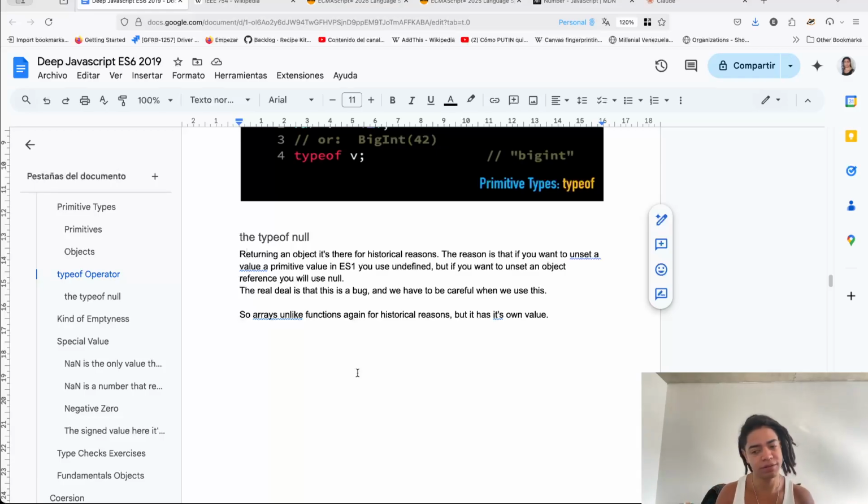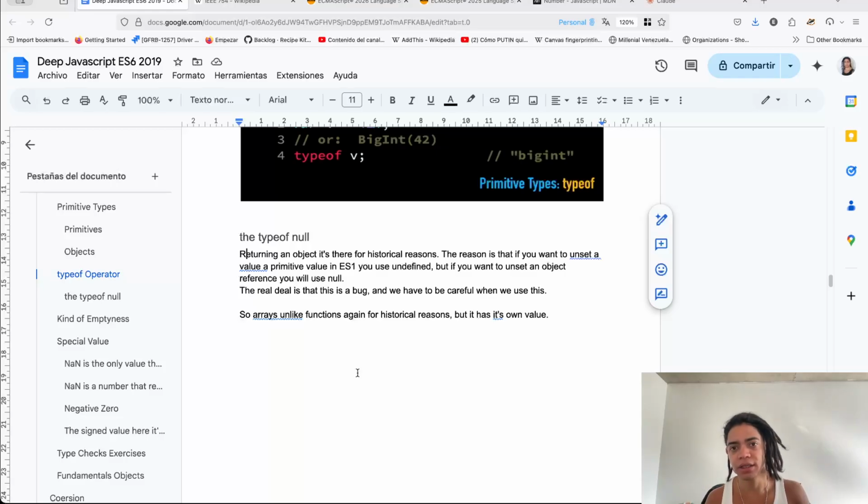That's because in ES1, when you wanted to unset a primitive value, you used undefined. If you want to unset an object reference, you have to use null. This is the reason why, when you check the typeof null, it gives you object.